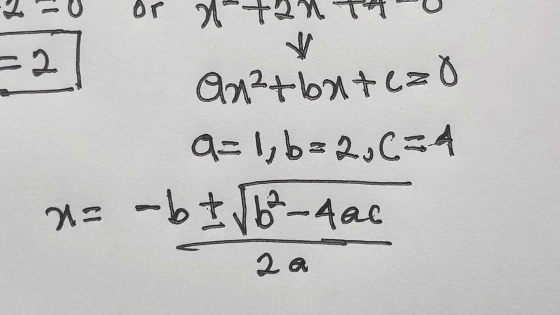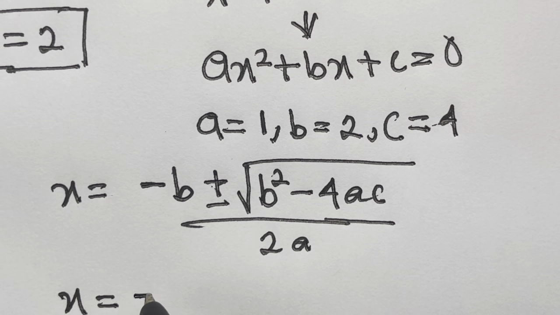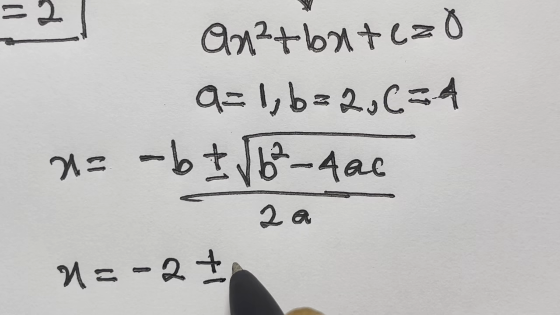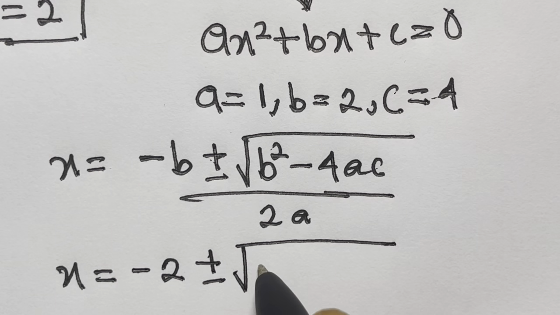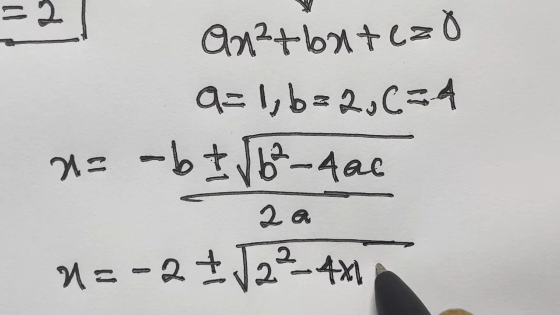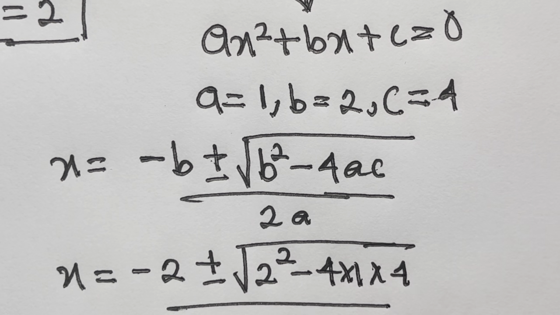We are going to have x equals minus b, so that is minus 2, plus or minus square root of, our b is 2, so we have 2 squared minus 4 times 1 times 4, divided by 2 times 1.